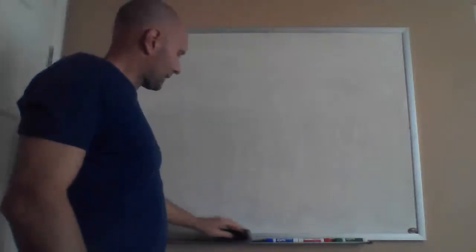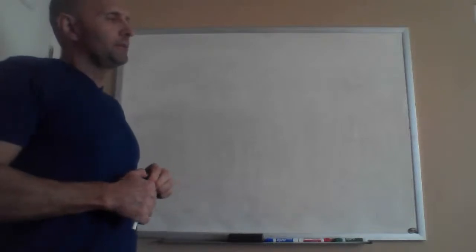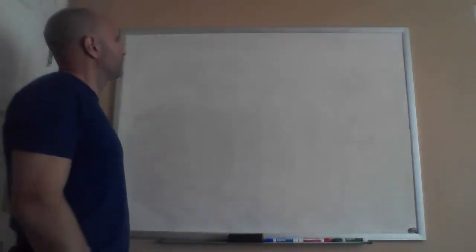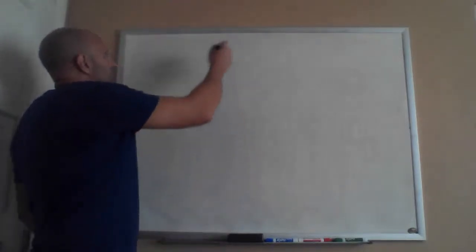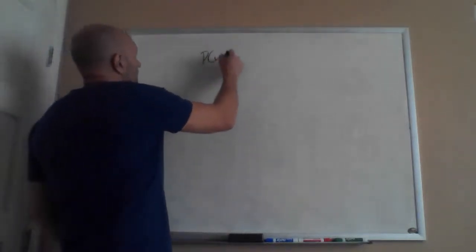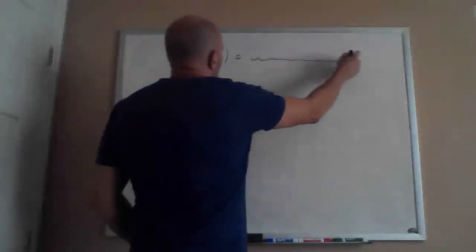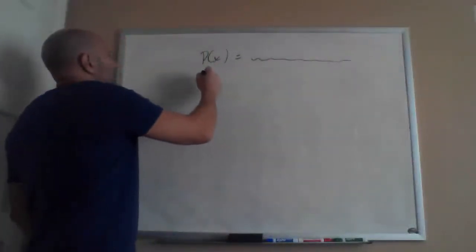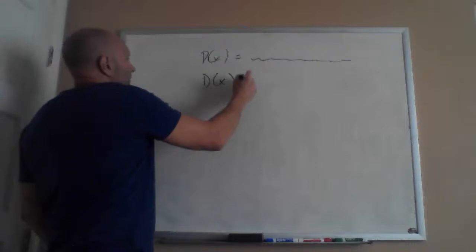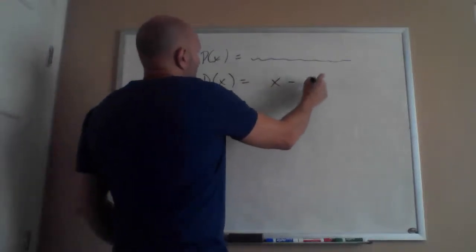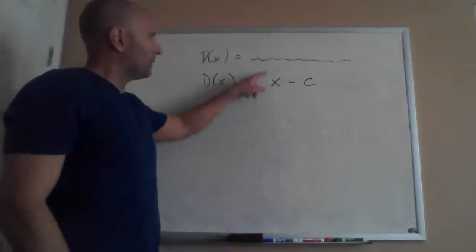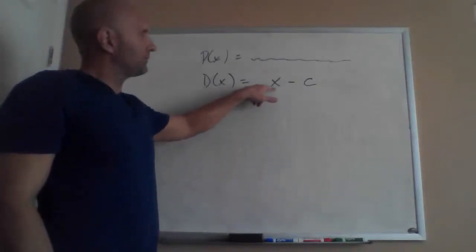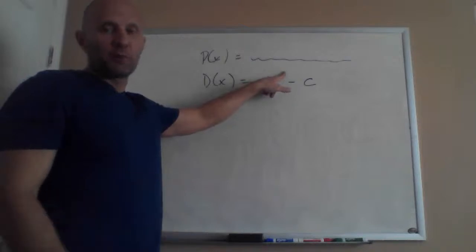Number 9 has to do with synthetic division. Let me talk a little bit about that. In synthetic division, if I have some polynomial and my divisor is of the form x minus c, it has to be of this form: a 1 in front of the x, and x to the first power.